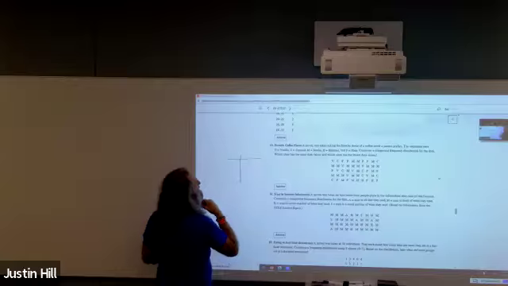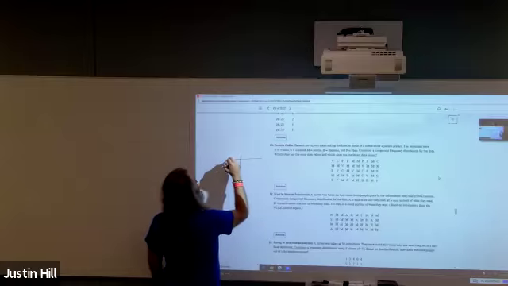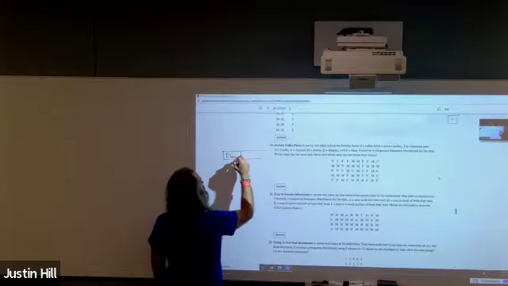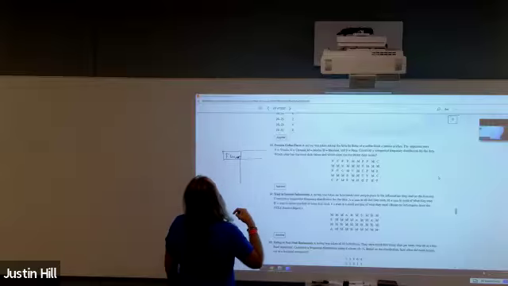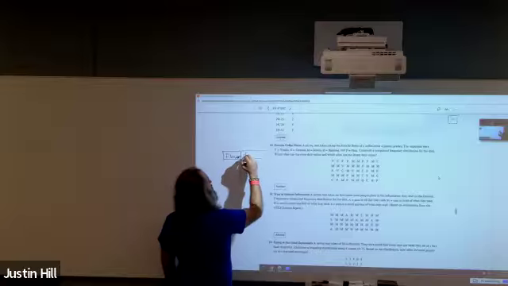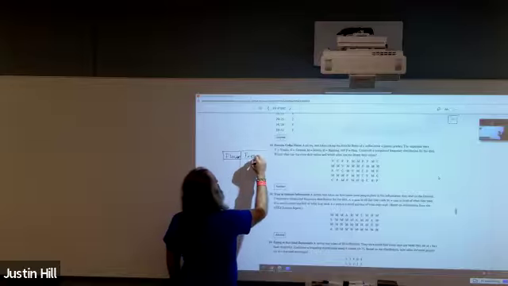I'll have one column in my table that says flavor. And then the second column is going to be the frequency, or the count.